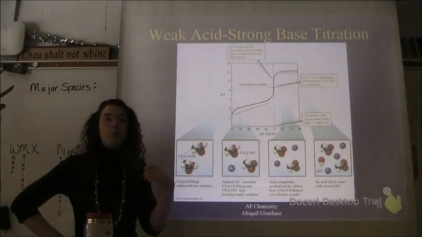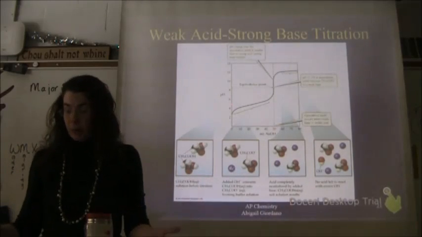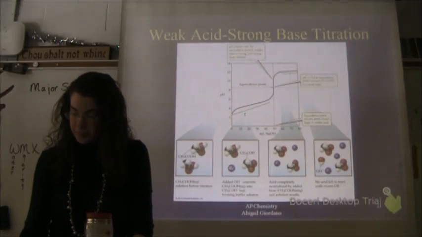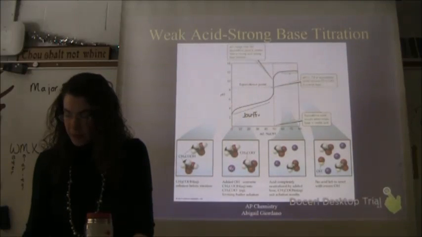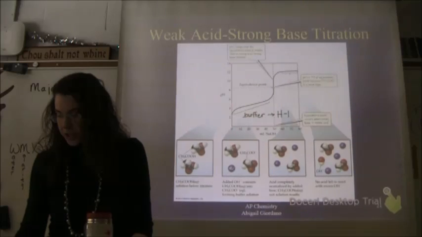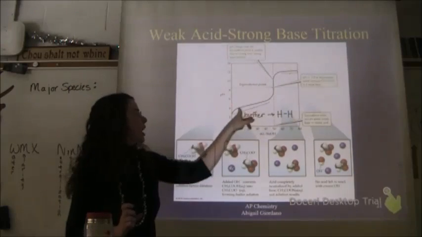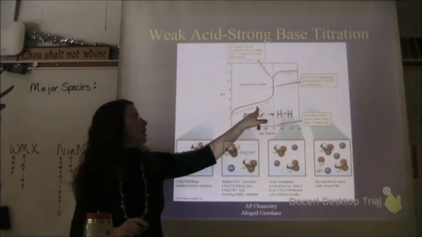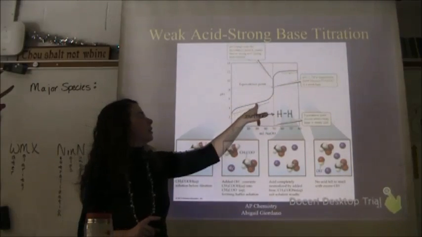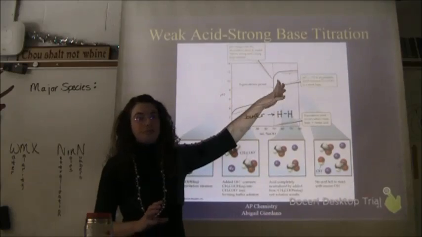Buffer systems. And what do you use to help you calculate the pH? Henderson-Hasselbalch. Okay. So you're left with a buffer, which means you can use Henderson-Hasselbalch. I'm going to call it HH. Now, they have this area bracketed, but really it's anywhere before the equivalence point.